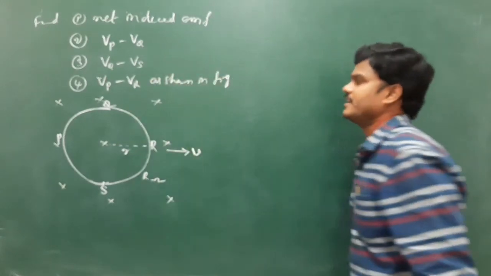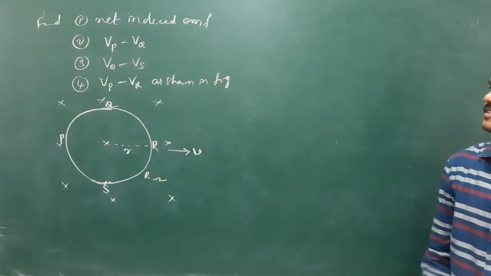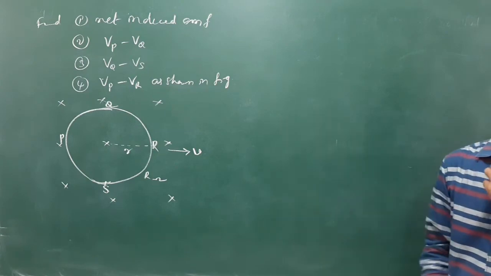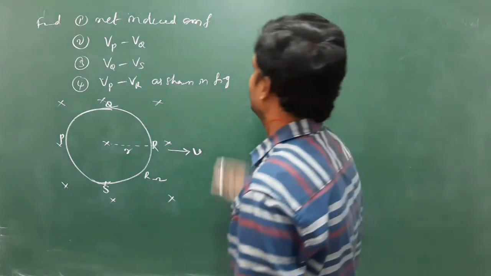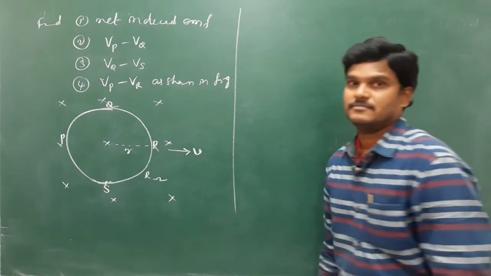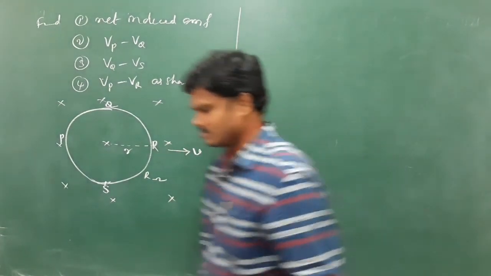The loop is moving with a speed V as shown in figure. Yeah, try this one. Just apply the previous concept. Use the V cross B rule.